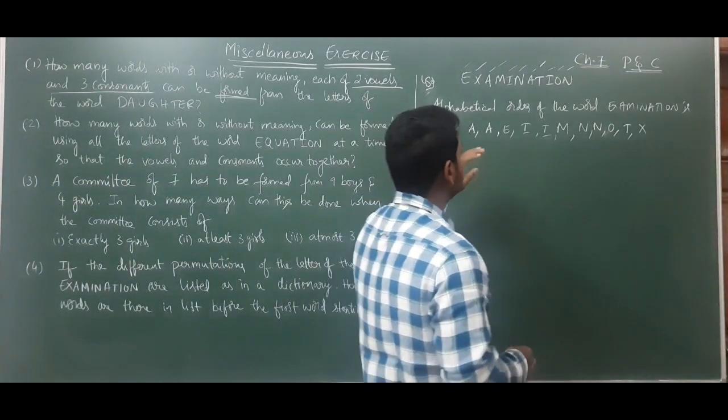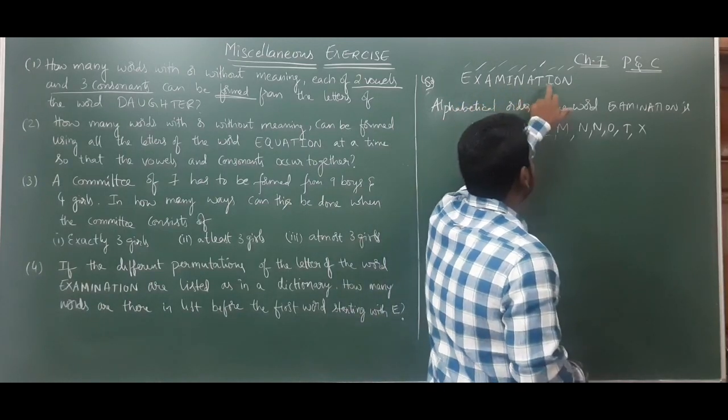So here how many letters are there? First of all you count: 1, 2, 3, 4, 5, 6, 7, 8, 9, 10, 11.